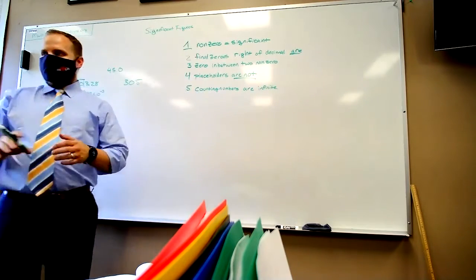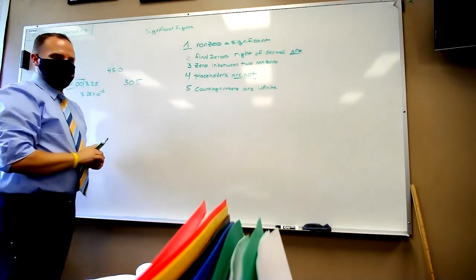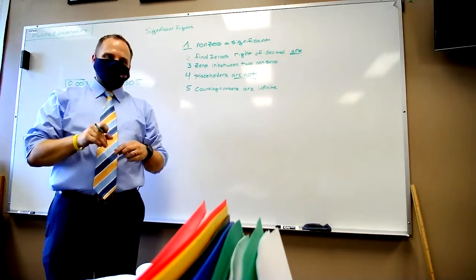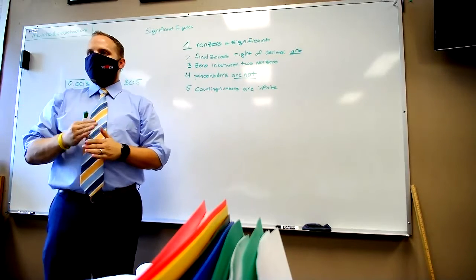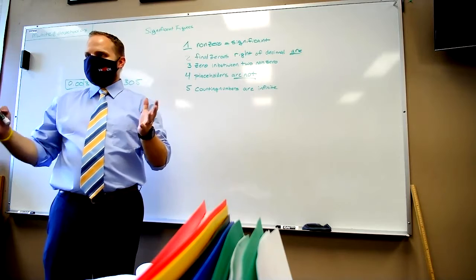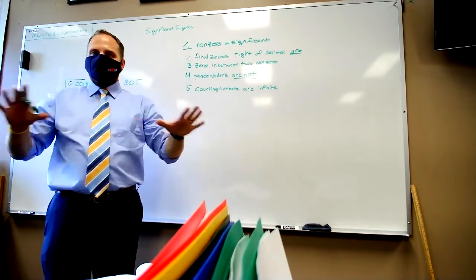So for example, if I look in this room, I can say there are 12 student desks. I absolutely know that I don't have a partial desk. There are 12 desks, there's no partials.